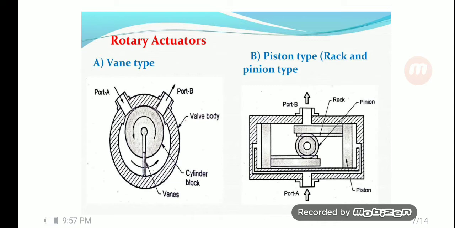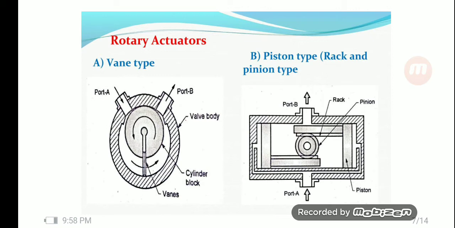When pressurized fluid or air is inserted from port A, the vane starts to rotate in the clockwise direction. As their axes are different, the body and the cylinder block have eccentricity in their axes, so the difference between the cylinder block and the casing creates a vacuum, and that vacuum generates the pressure.